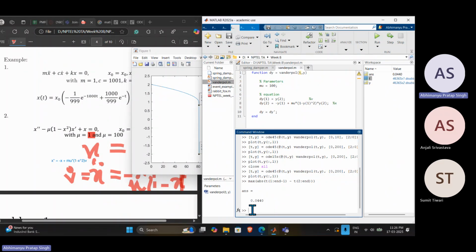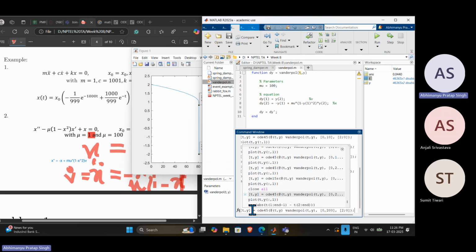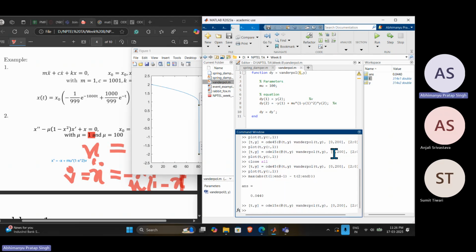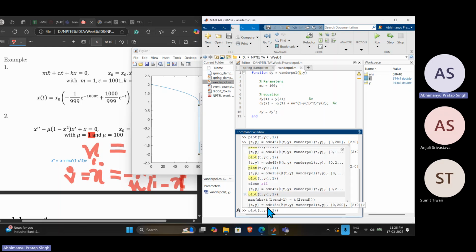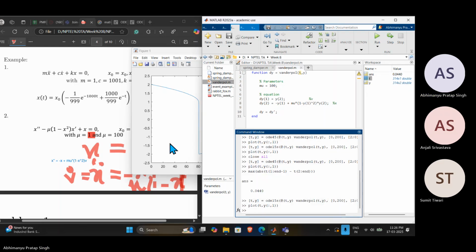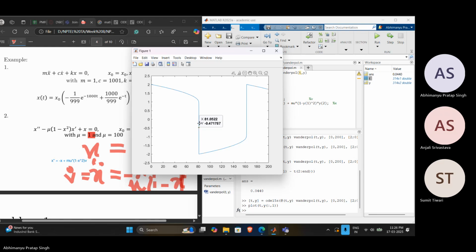Okay. Now I will try to do the same thing using ode15s. It has taken only 314 time steps, but if I plot it, you can see I'm starting to get points in this transient region also, right? So the last point was close to here for ode45, and then directly here.